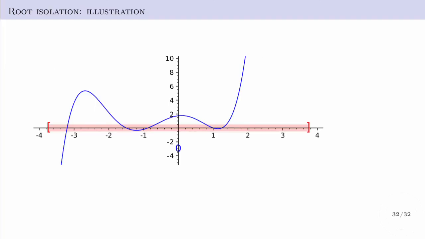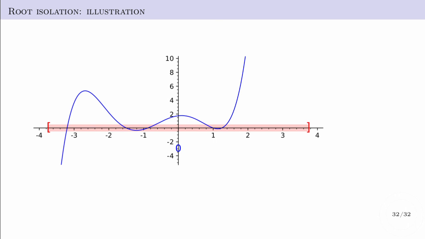So we have some polynomial function that you can see here on screen, and we can use Sturm's theorem to count the number of roots this polynomial has on the real line. It turns out that it has precisely 1, 2, 3, 4, 5 roots.